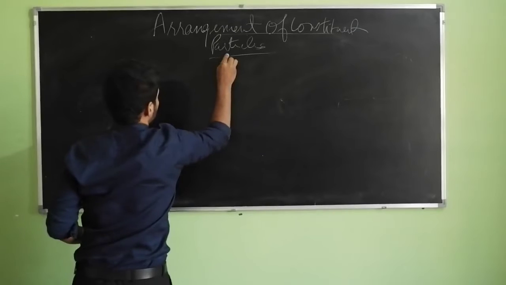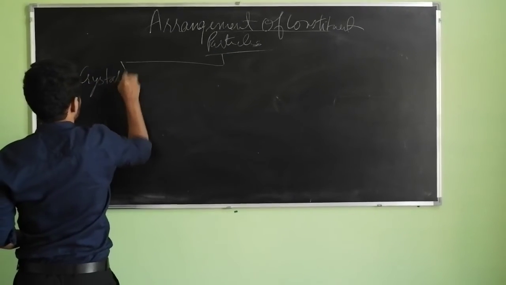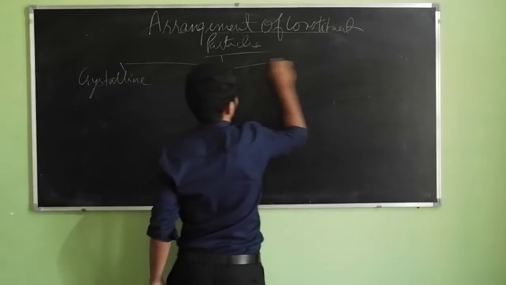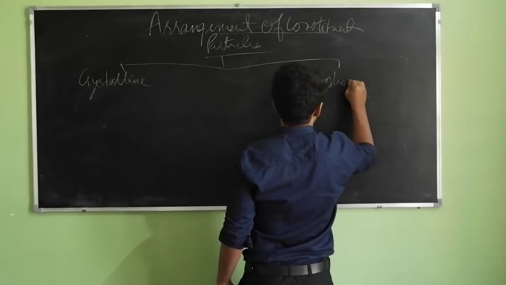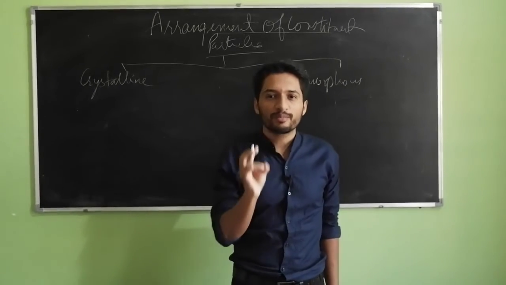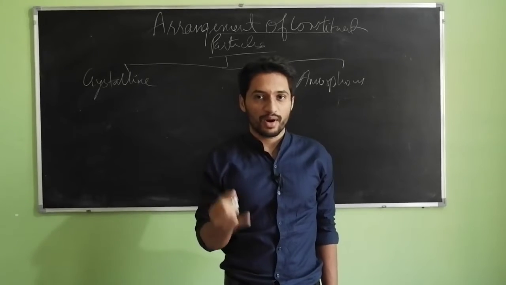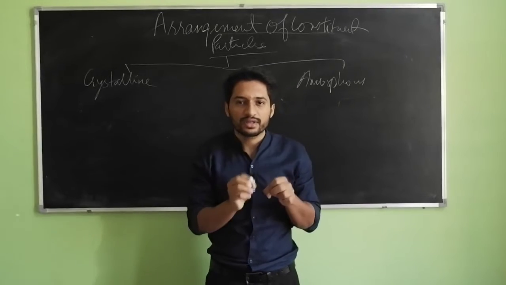we classify them as crystalline, and the second one is amorphous. So what are crystalline? In crystalline, the constituent particles, the atoms, ions or molecules, have a fixed arrangement.